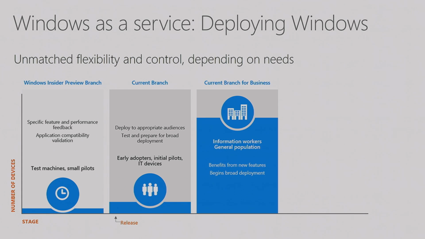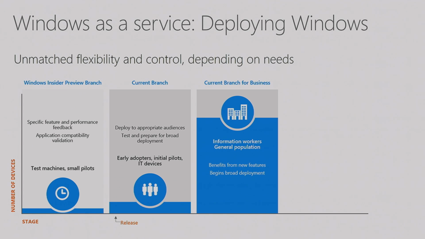No, you really need to use the current branch so that you can experience the new release, try out the new features, but most importantly, validate your applications and infrastructure to make sure that by the time we do declare current branch for business, it truly is ready for you to go full speed ahead through your organization.